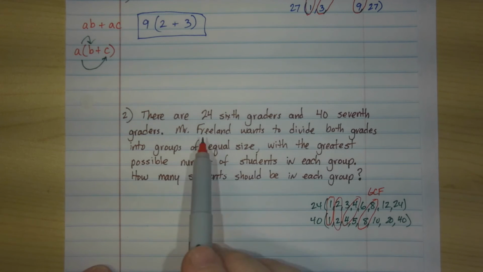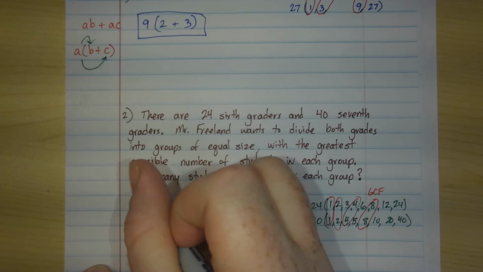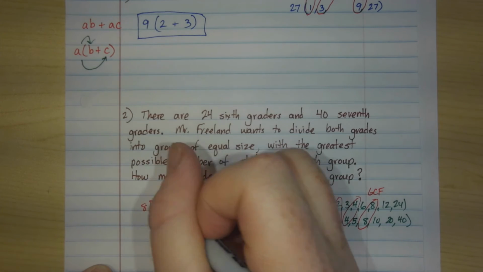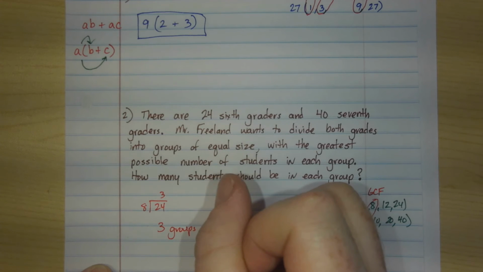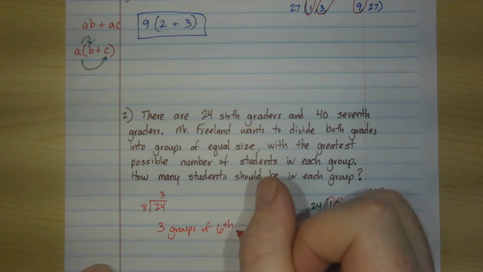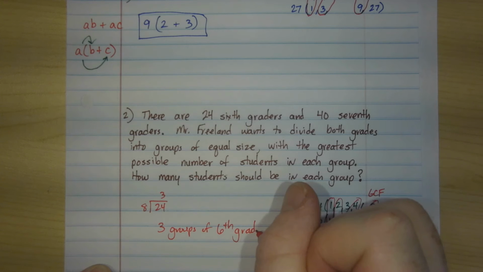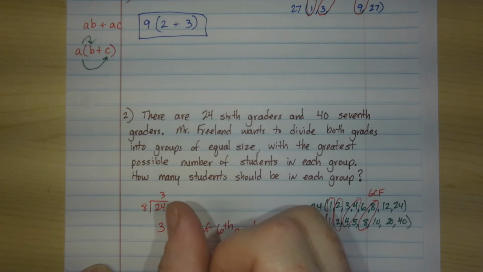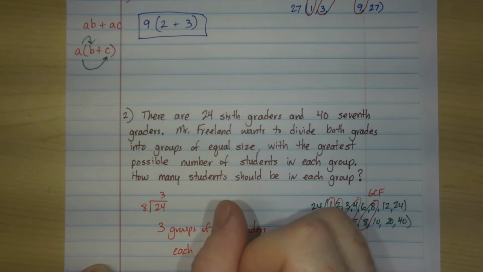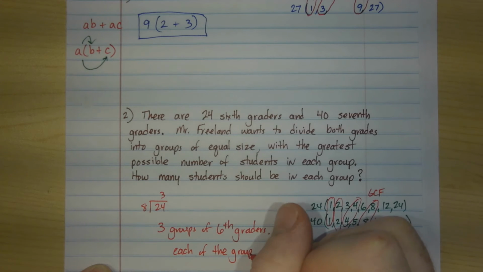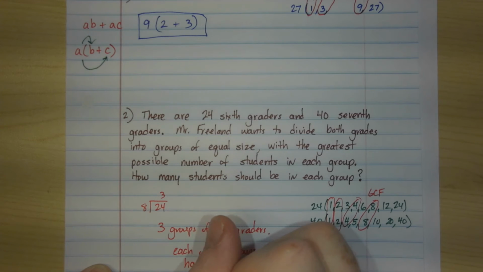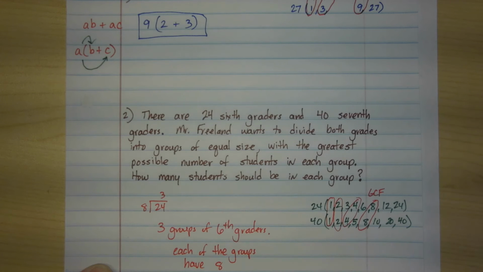So when we divide 8 into 24, we can get 3 groups of 6th graders, where each of the groups have 8 students.